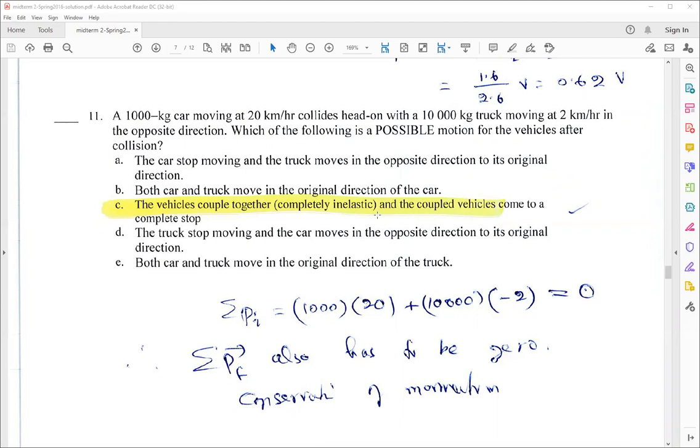So here, first, we need to check. We're given the velocities and the masses for the car and the truck. So all we need to do is calculate the total linear momentum.